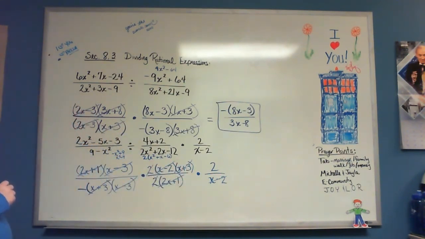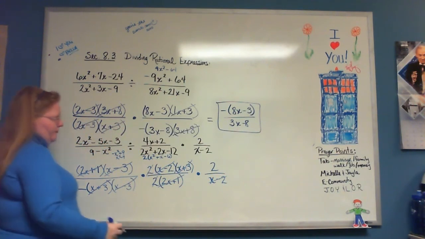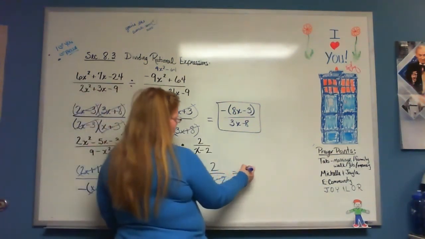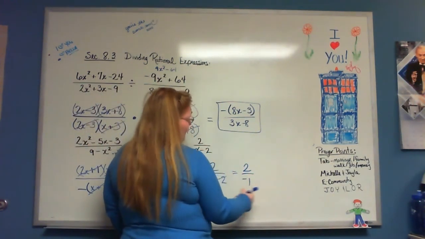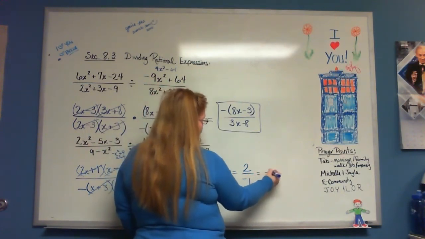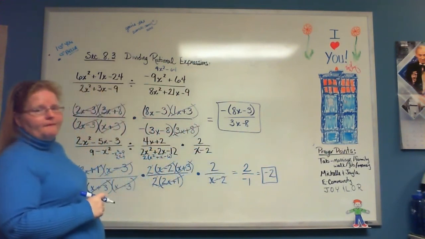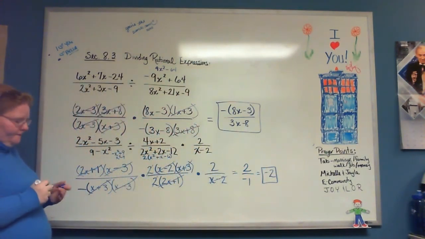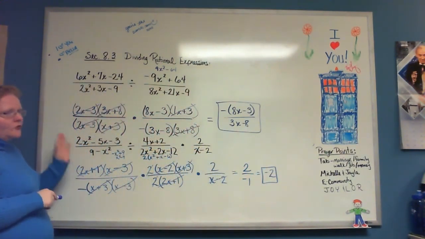Leaving me with what on top? 2. And what on bottom? That negative 1. And I hate having a negative on the bottom anyway. So it's just negative 2. Told you I'd need the board.